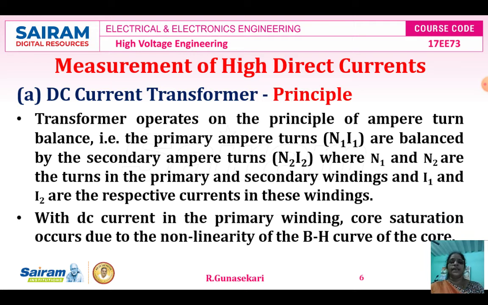With DC current in the primary winding, core saturation occurs due to non-linearity of the BH curve of the core. BH means the curve drawn between the flux density B and the magnetic field intensity H. This is nothing but a hysteresis loop.